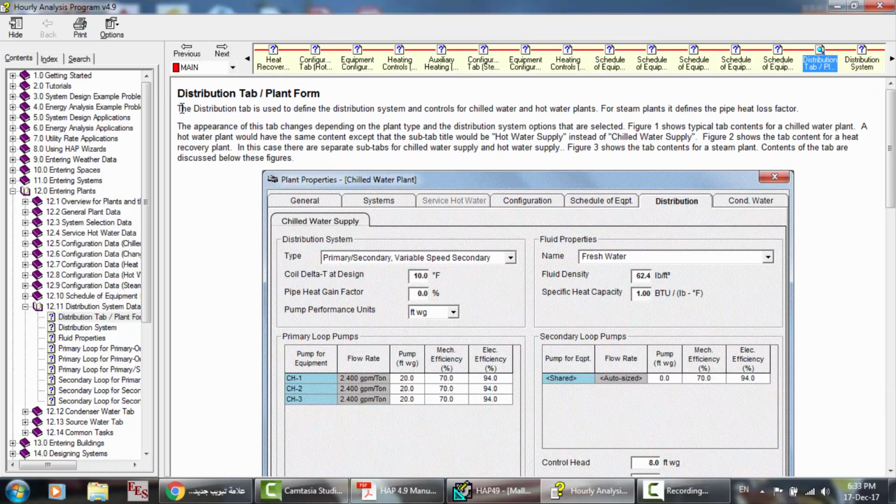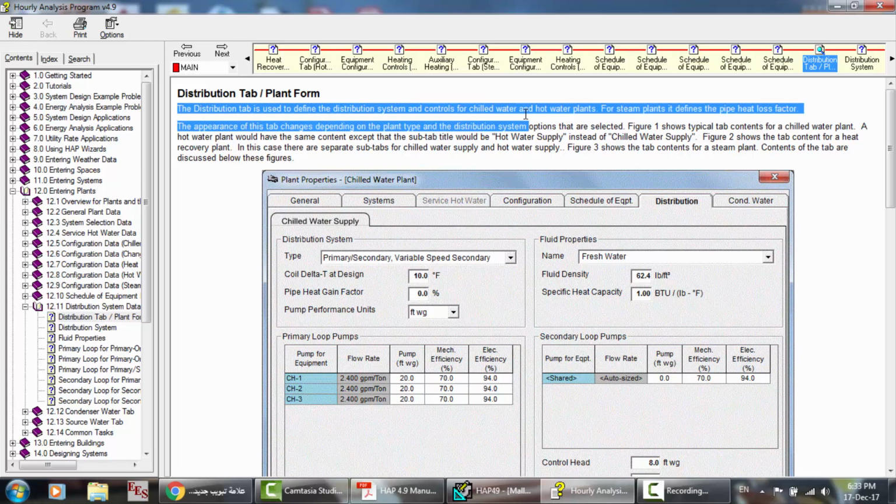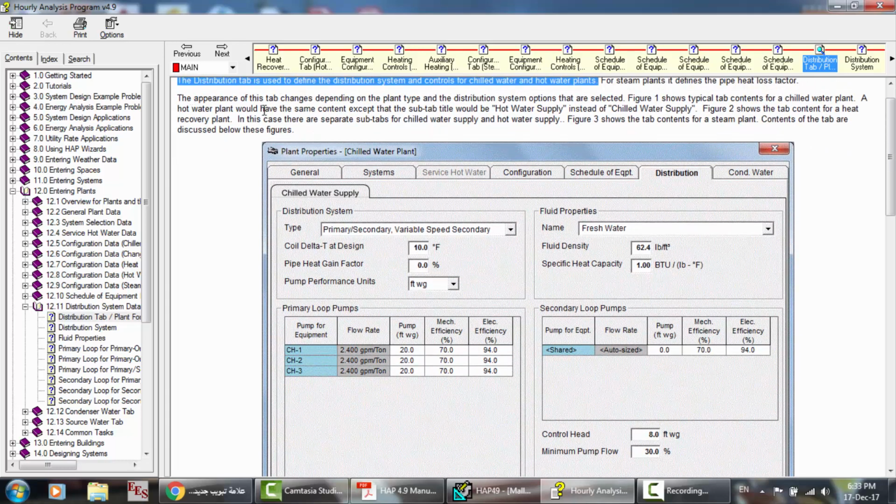So the distribution tab is used to define the distribution system and the controls for chilled water and hot water plants. For steam plants, it defines the pipe heat loss factor. The appearance of this tab changes depending on the plant type, and always depends on the type and the distribution system options that are selected.